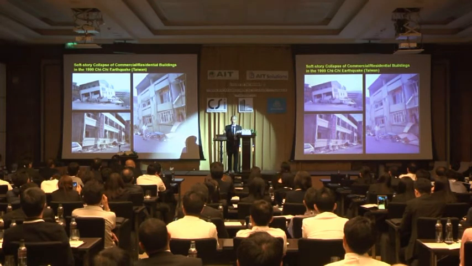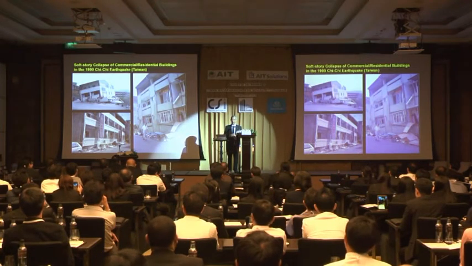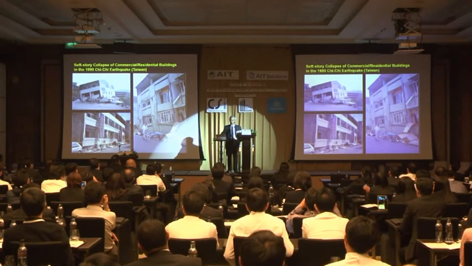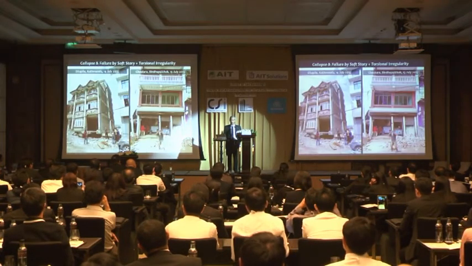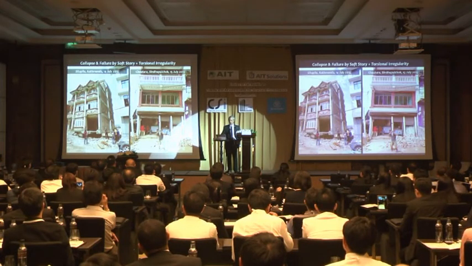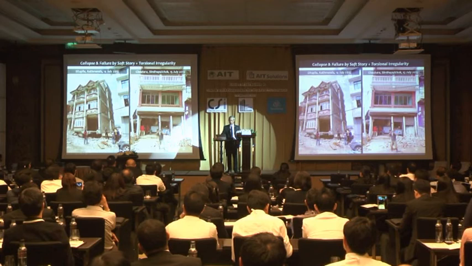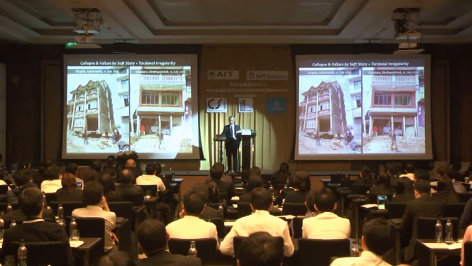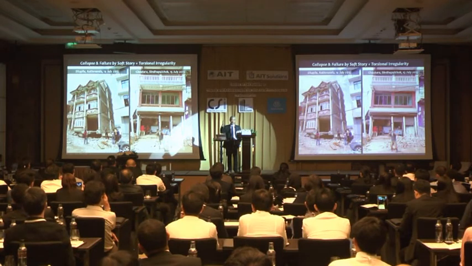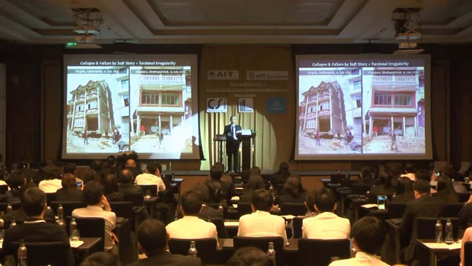So please do not sleep in the first story. Okay? So if you want to survive, stay in the second story. That one too in Nepal, recently in 2015. This is a second story, the first story collapsed. This one, you can see the column incline almost collapsed, but not collapsed yet.